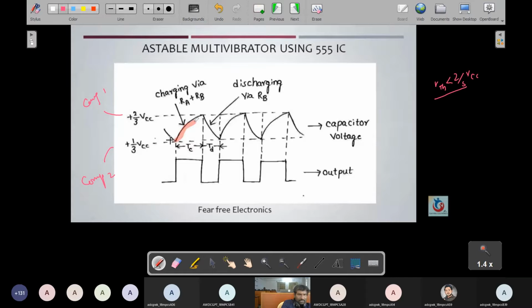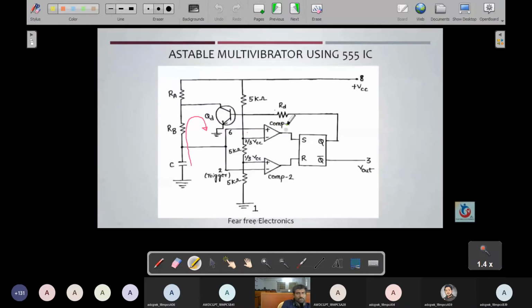Then the capacitor will start charging like this. I'll draw this point. The capacitor, in yellow color C, is charging in this direction via RA and RB. Once the capacitor is charging, the transistor is activated. Why? Because the comparator selects the high value.